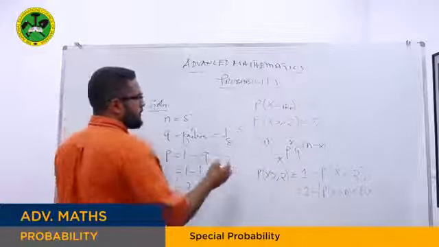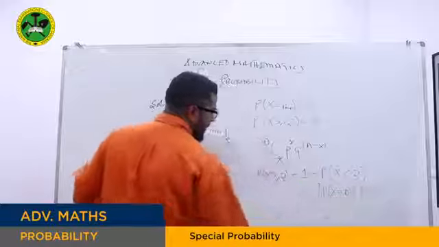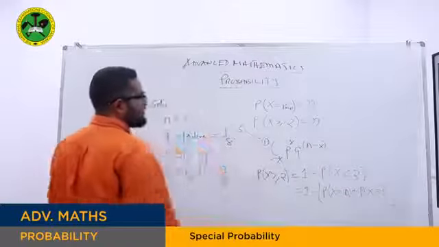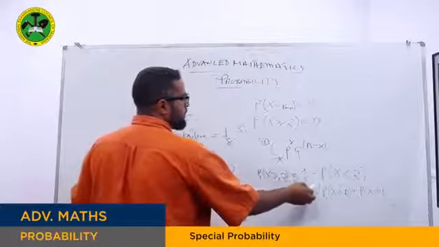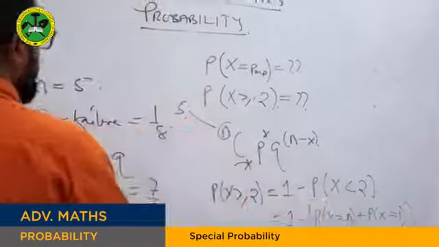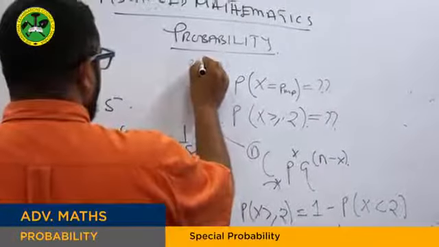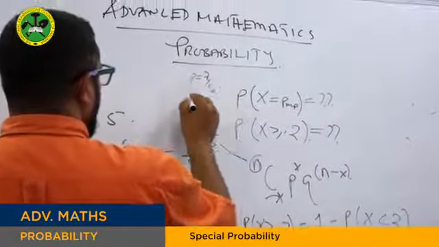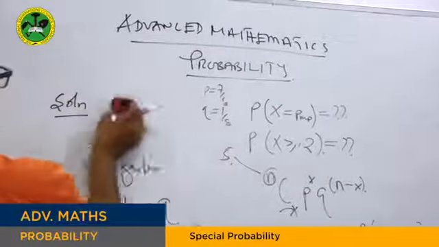We have our n as 5, and x as 0 and 1 as per our formula. Instead of using the probability of x greater than or equal to 2, we are going to use 1 minus the probability of x less than 2. Also, our p is 7 over 8, q is 1 over 8, just as a reminder.